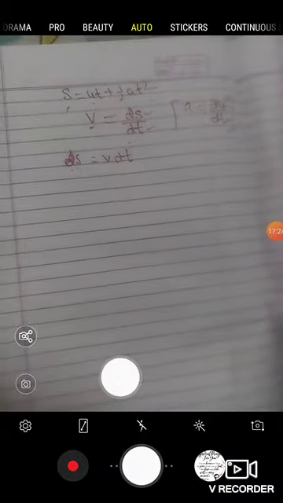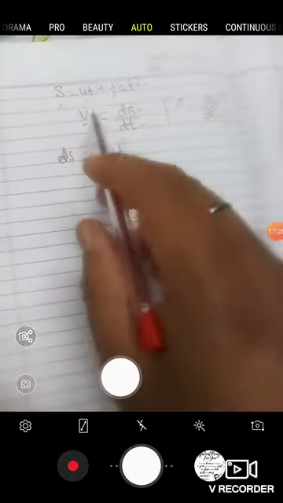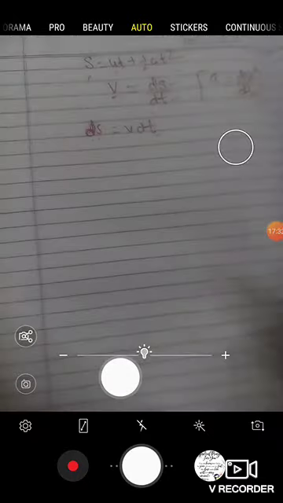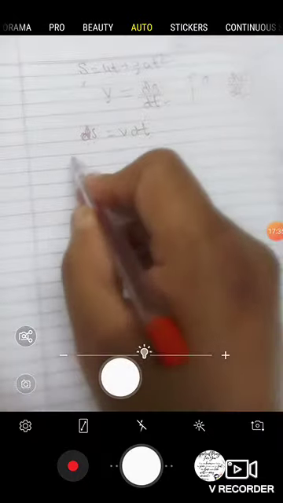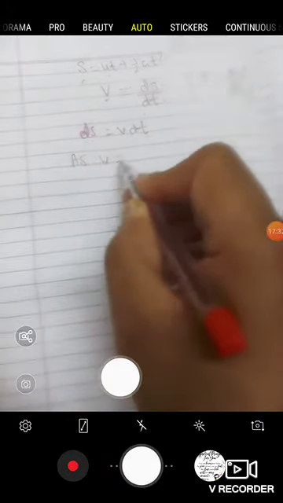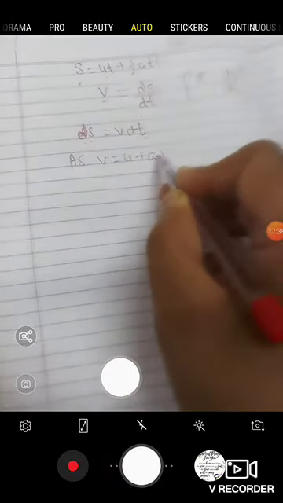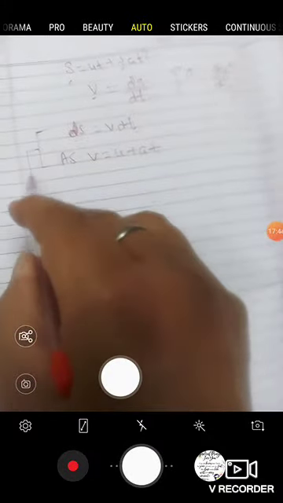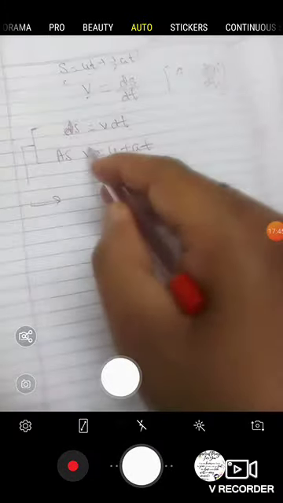Now I have to integrate it because I know that integration of ds will give me s. We know this thing. But here actually more things are coming, we have very little. Now to derive it, again I will do one thing. As v is equal to u plus at, we have done this last time in the previous derivation, I will just put the value of v from here to here.